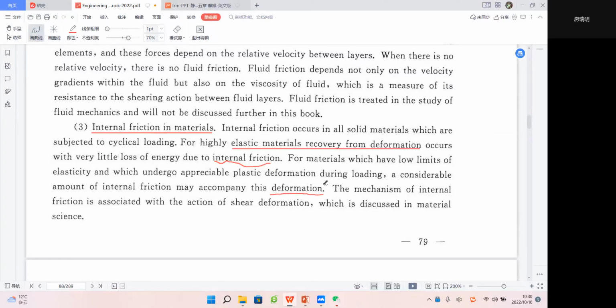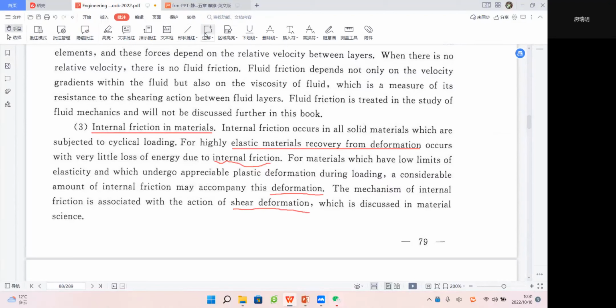So in this process there may be some energy consumed, some amount of internal friction. Because of this internal friction, there may be some energy consumption. So this is what internal friction in material means. The mechanism of internal friction is associated with the action of shear deformation.